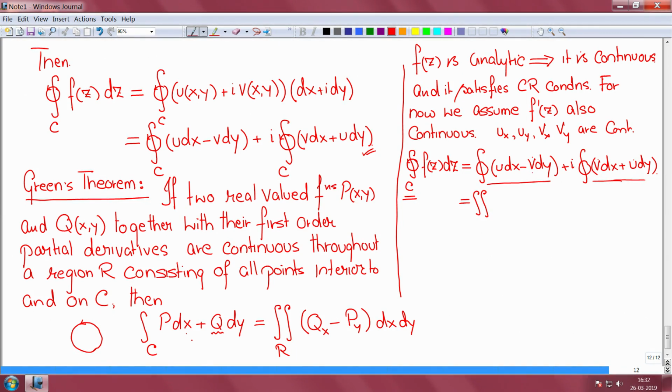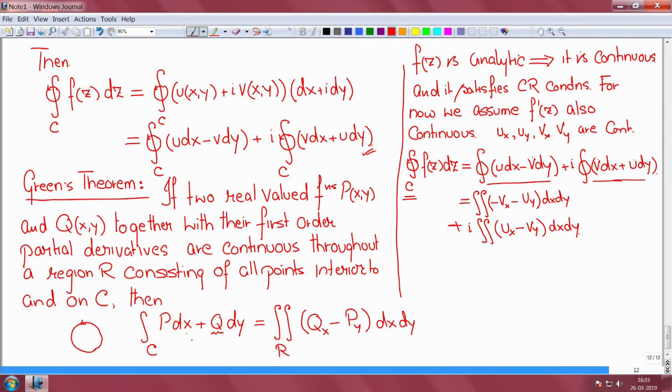We have Qx minus Py, so this is minus (Vx minus Uy) dx dy, plus i times the area integral over the region that this closed contour encloses of (Ux minus Vy) dx dy.